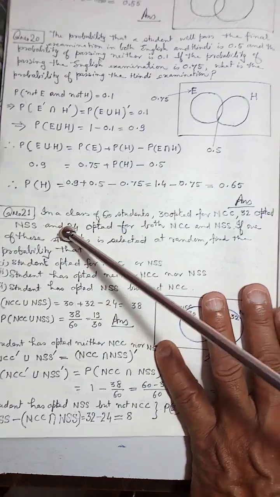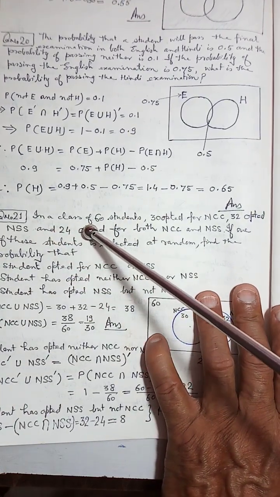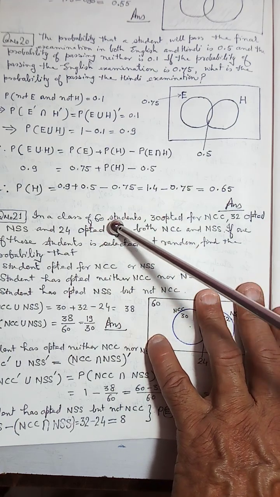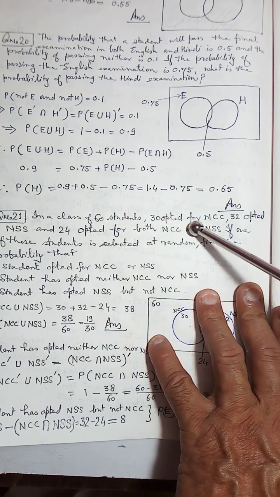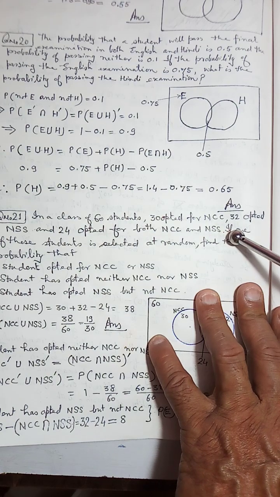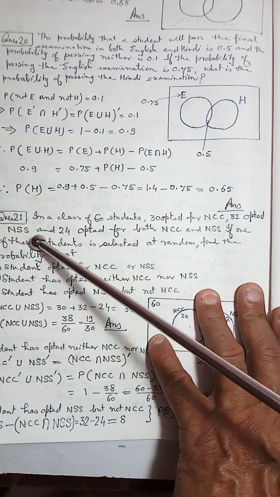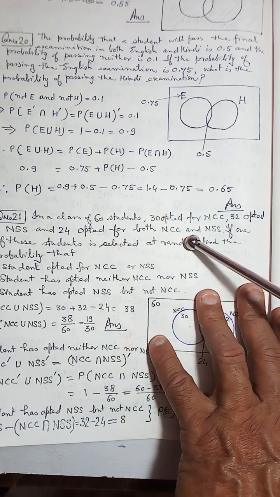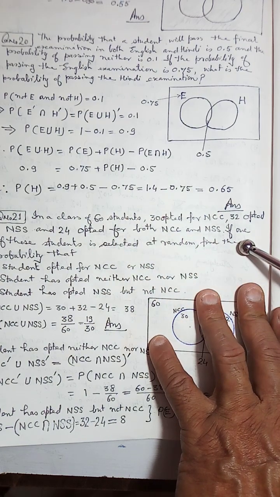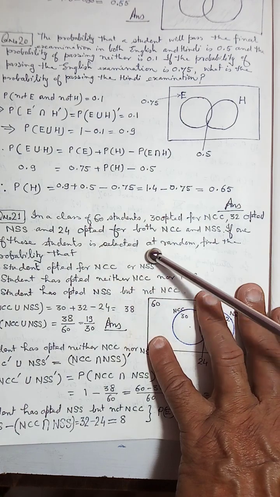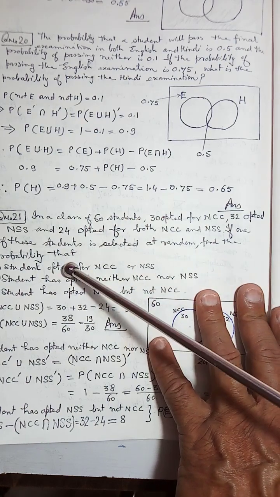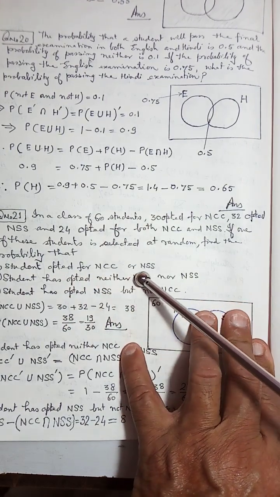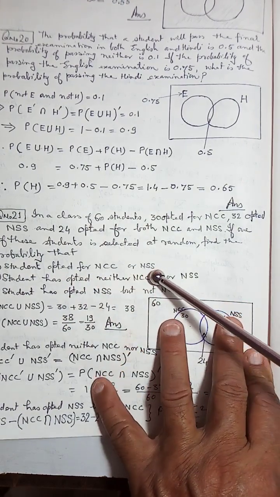In a class of 60 students, 30 opted for NCC and 32 opted NSS and 24 opted for both NCC and NSS. If one of these students is selected at random, find the probability that the student opted for NCC or NSS.